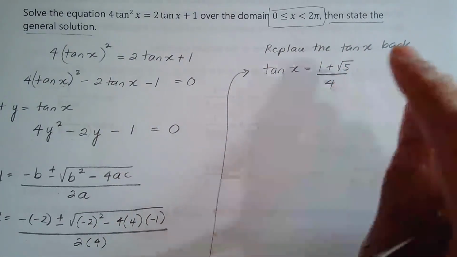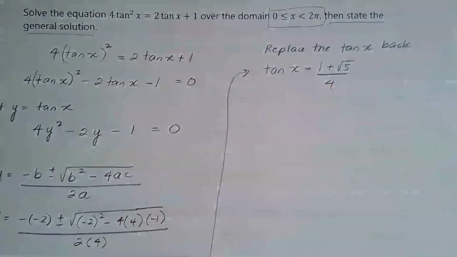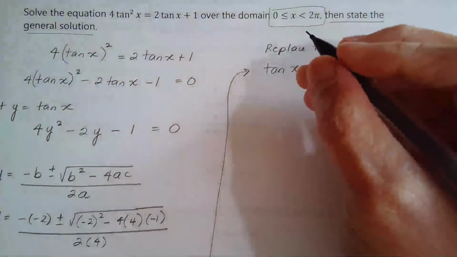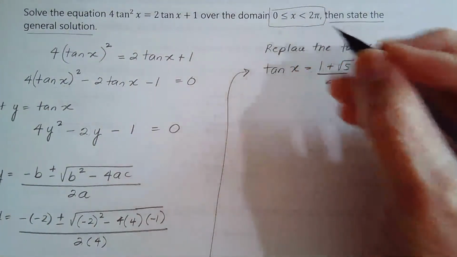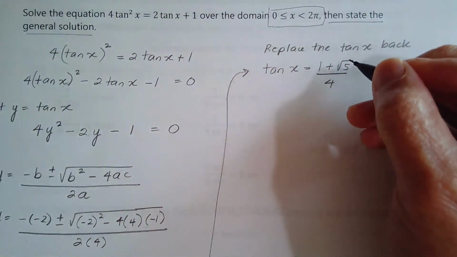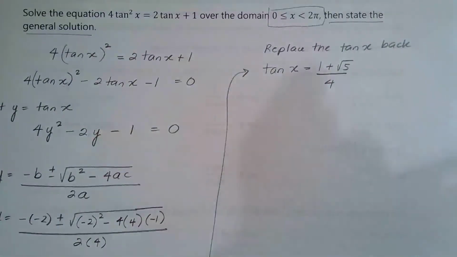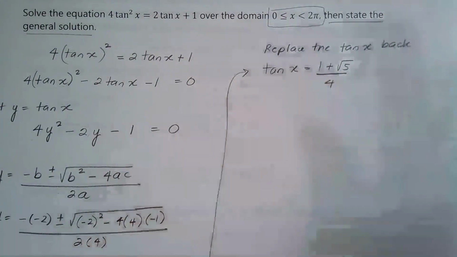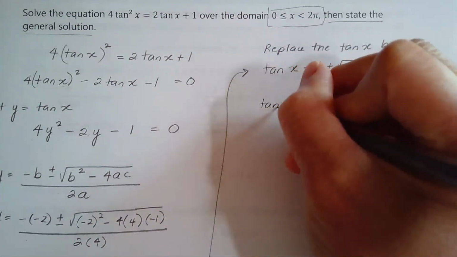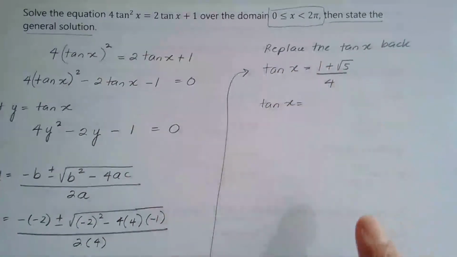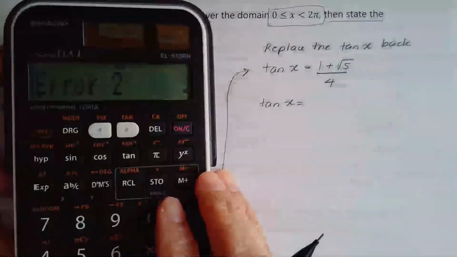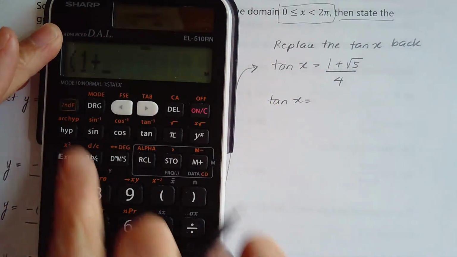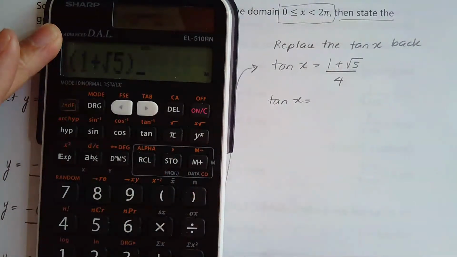And then we have to look, okay, where is tan positive? Tan is positive in quadrant 1 and quadrant 3. So tan of x is equal to some kind of positive number, brackets 1 plus square root of 5 divided by 4.